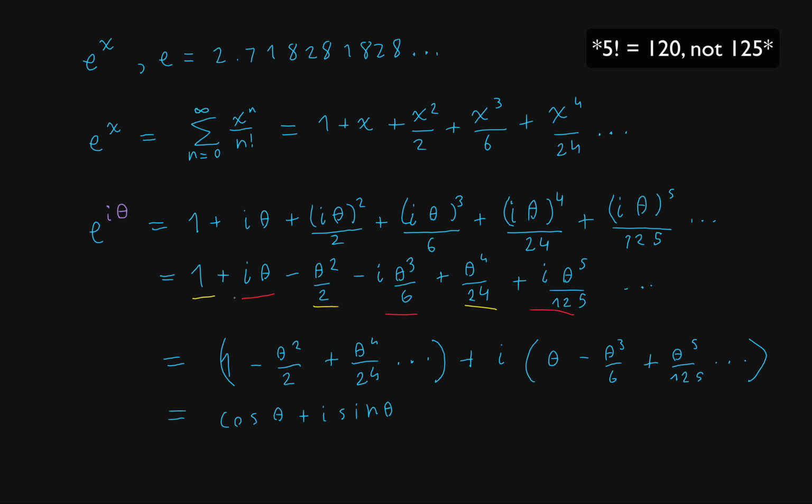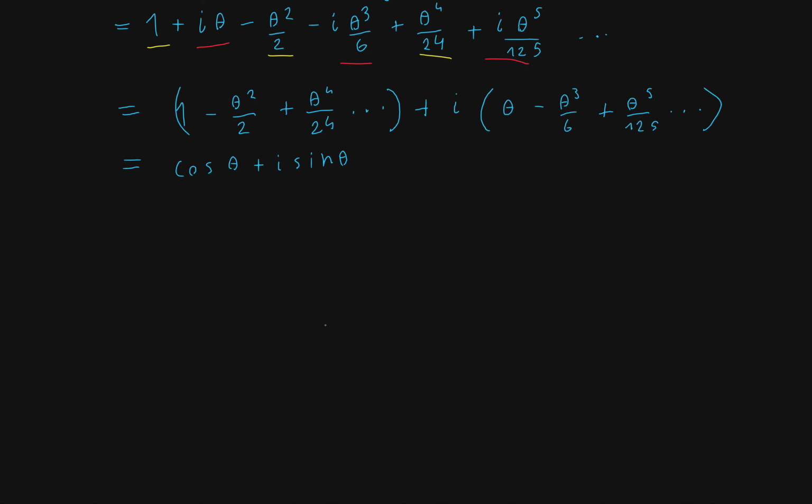And so from this, there also comes Euler's identity, where we basically have e to the i pi. Well, this is just going to be cosine of pi plus i sine of pi. Cosine of pi, that is just -1.